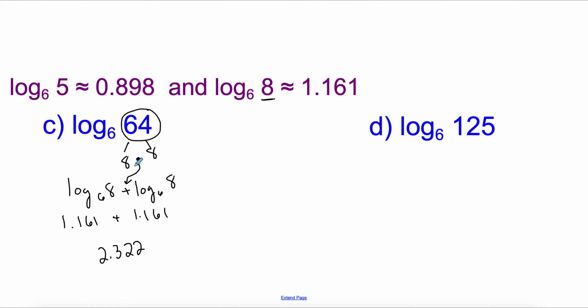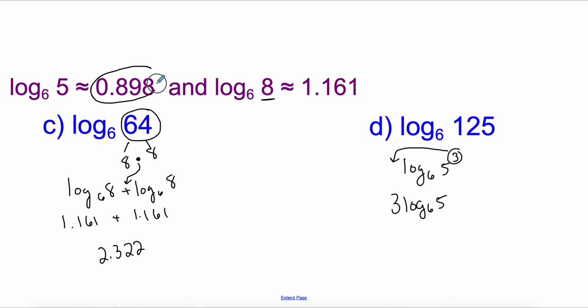We can also use our power rules here. So I'll show you this one with the power rule. 125 is 5 to the third. So we can rewrite this as log base 6 of 5 to the third. And then remember I told you this 3 can bounce out in front. So it's 3 log base 6 of 5.